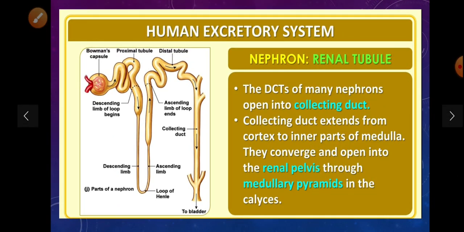The DCT of many nephrons open into a collecting duct. Collecting duct extends from cortex to the inner part of the medulla. They converge and open into the renal pelvis through the medullary pyramid in the calyces.